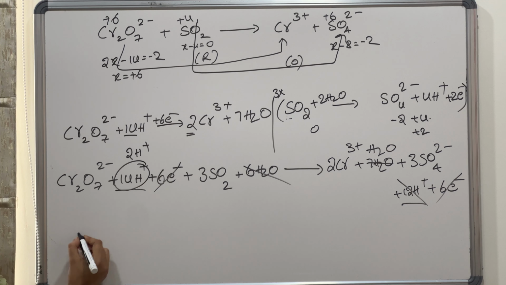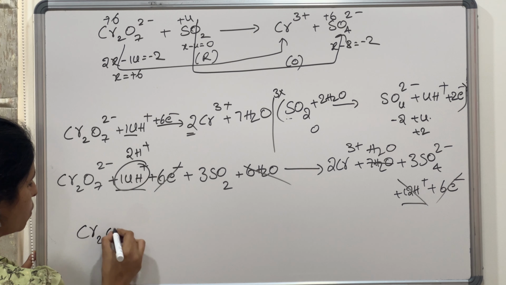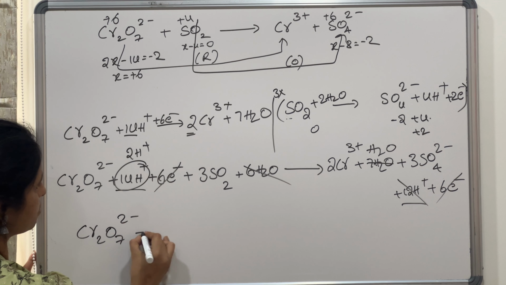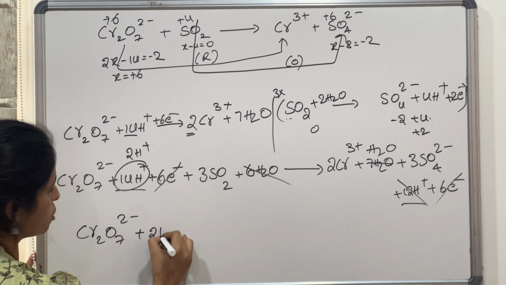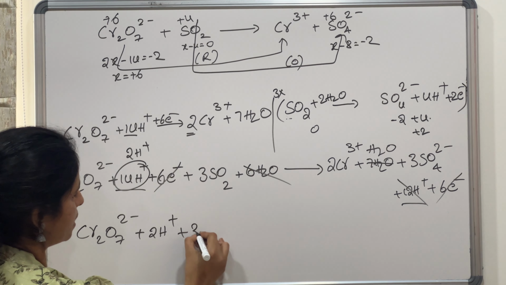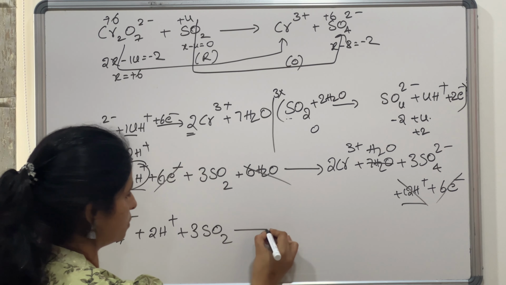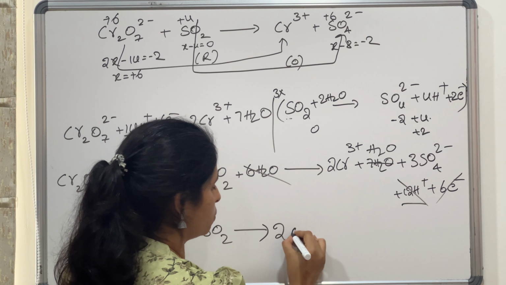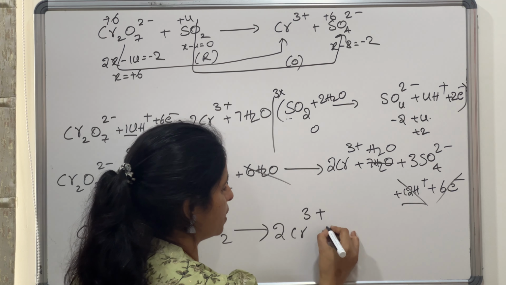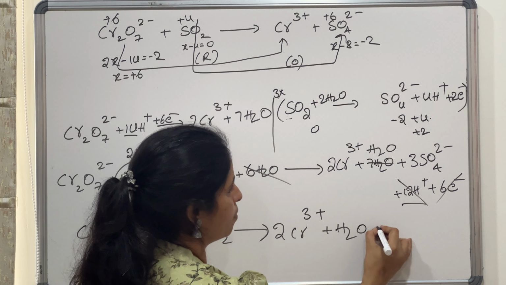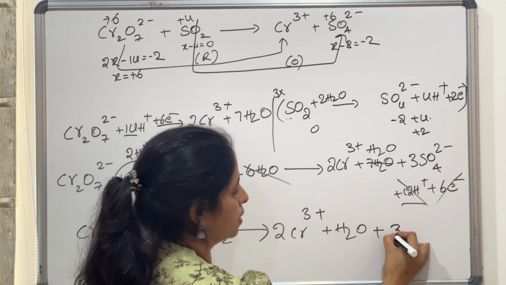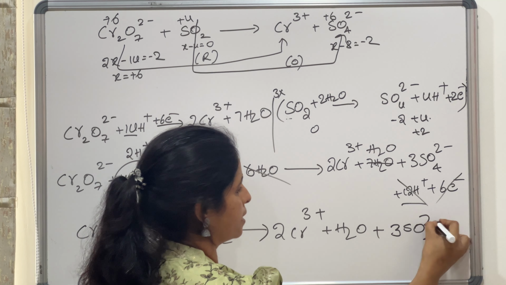Write the overall equation. Cr2O7 2 minus plus 2H plus plus 3SO2 gives rise to 2Cr3 plus plus H2O plus 3SO4 2 minus.